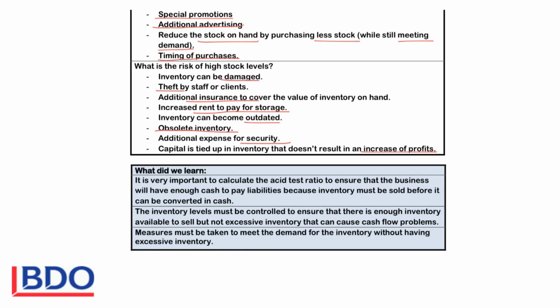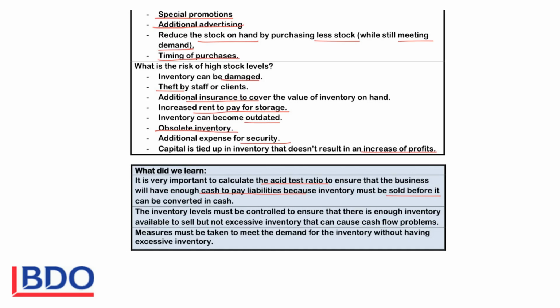What did we learn today? It is very important to calculate the acid test ratio to ensure that the business will have enough cash available to pay for liabilities when inventory is not included in the current assets, because the inventory must be sold before the money will be available to pay for the liabilities.